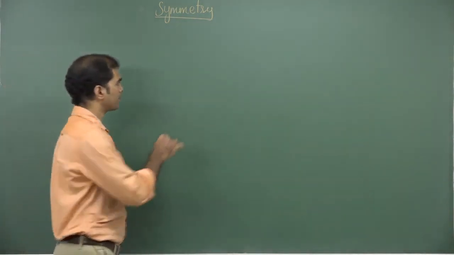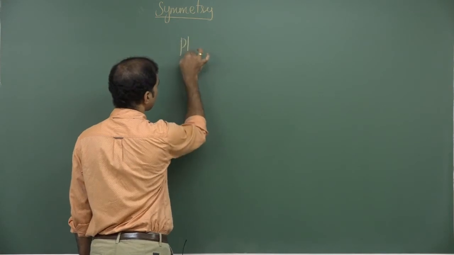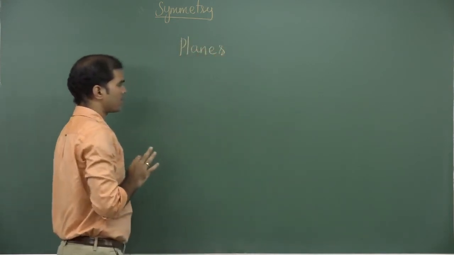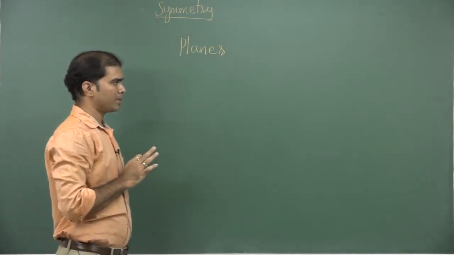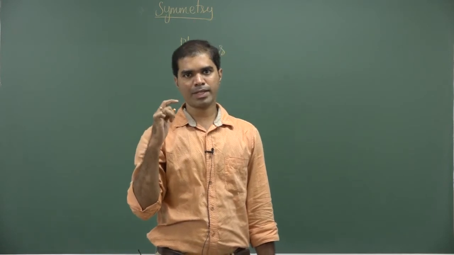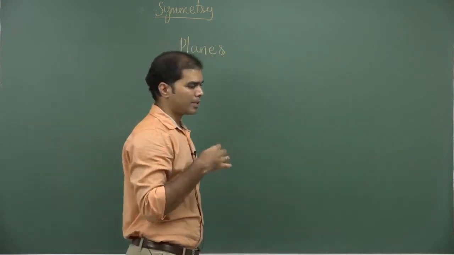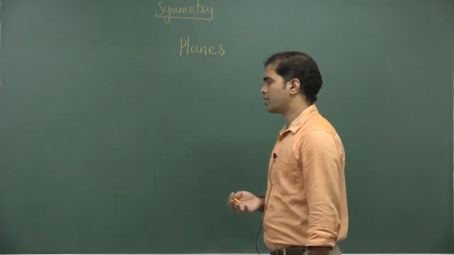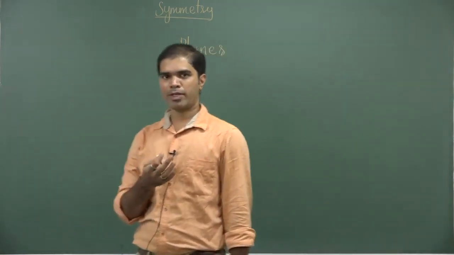Based on this, once I say that we are trying to differentiate them, there must be some basis. What is that basis? In the case of rotational axis, it was the fold: higher fold, principal axis; lower fold, secondary axis. Or if you choose ethylene kind of molecules, the one that passes through more number of atoms is the principal, and the one that passes through fewer atoms is the subsidiary.